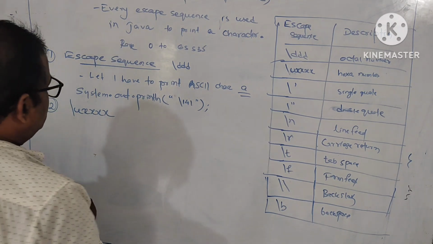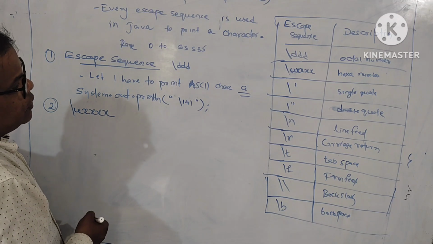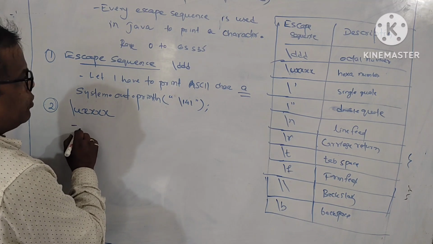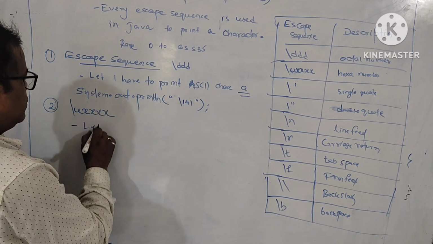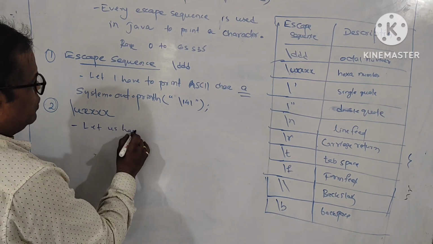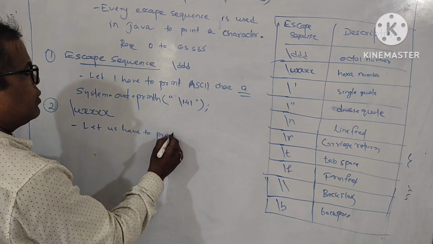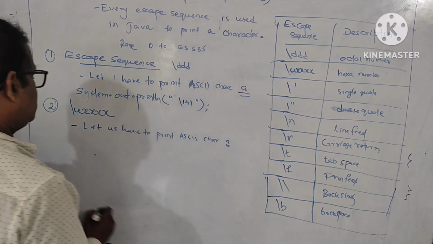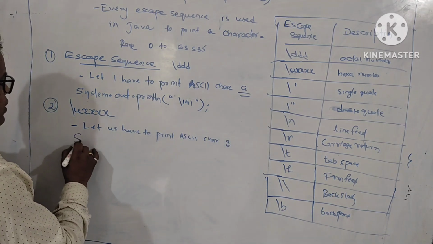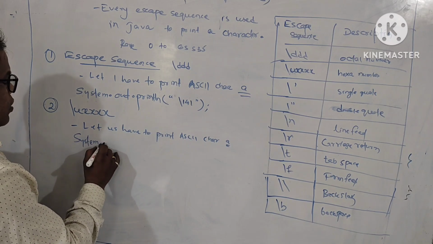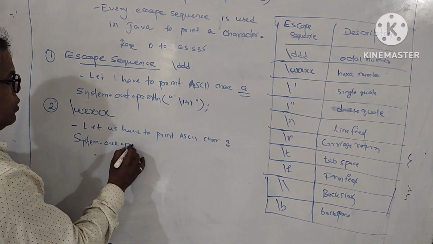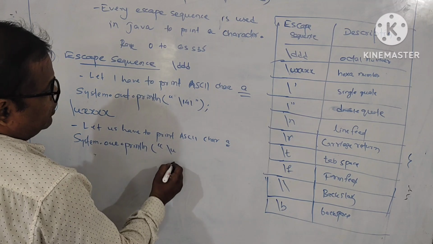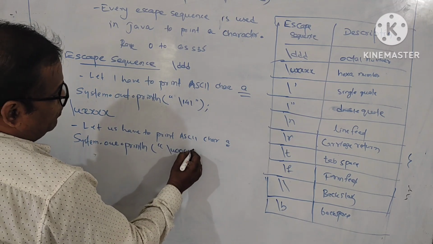Suppose I use hexadecimal notation for the same ASCII character A. I will write System.out.println, and within this I will write backslash u 0061.